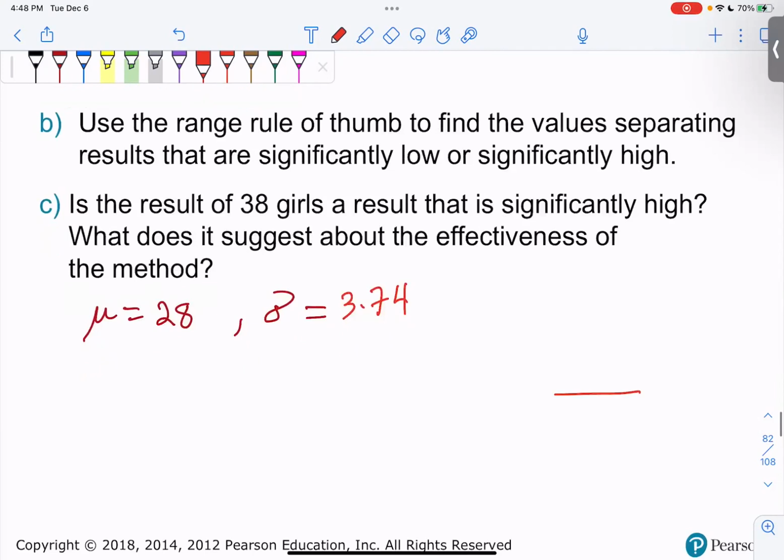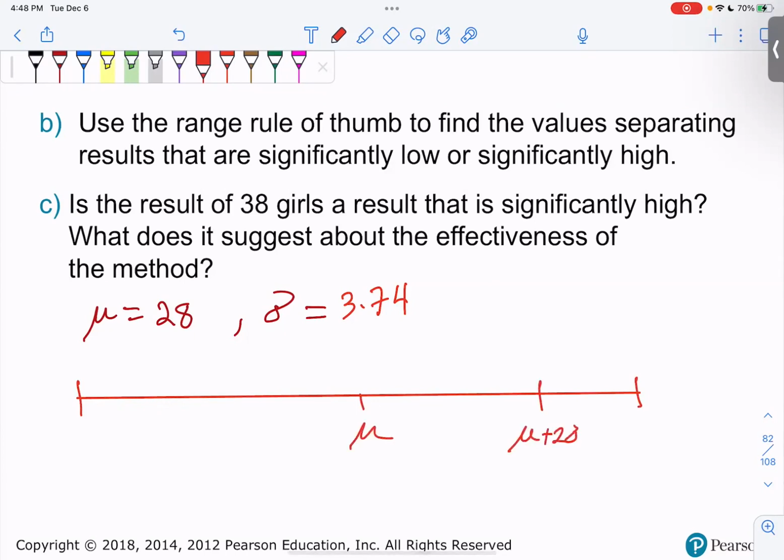Okay, so this is what we are looking for, right? So we have mu here, and we have mu plus 2 sigma, and we have mu minus 2 sigma. So mu equal 28, and here we have 28 plus 2 times 3.74, and here's the same, 28 minus 2 times 3.74.